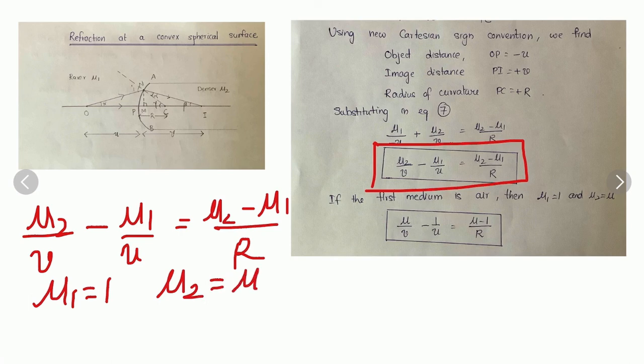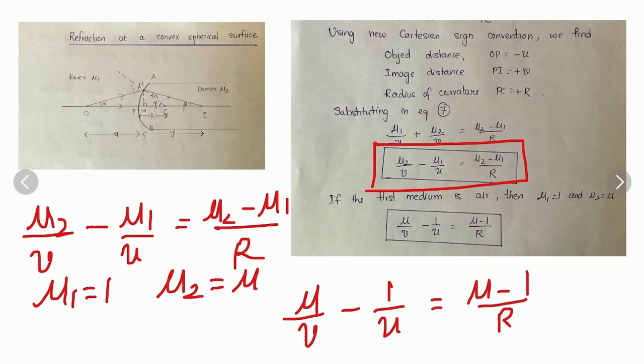Then substitute in the above equation, you will get mu by V minus 1 by U is equal to mu minus 1 by R. So this is the formula which we have to use. Very important one. This will be used for deriving the expression of lens maker's formula, and also we have to do a lot of numericals based on this formula.